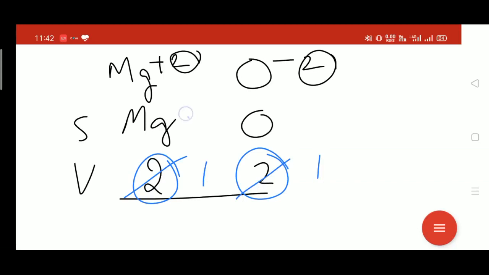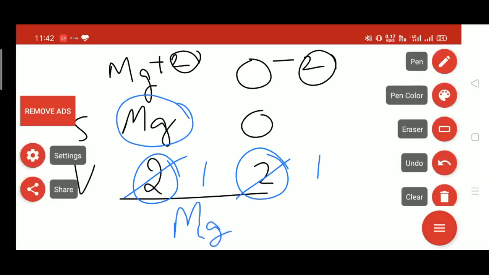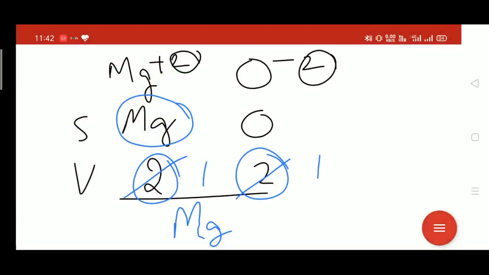For that, write down the symbol of Mg first, and then we have to write down the valency of oxygen. That means we will cross multiply, and after cross multiplying we will write the simplest valency of oxygen, that was 1, as a subscript, that means at the foot of Mg. We will then write the symbol of oxygen without leaving a gap.